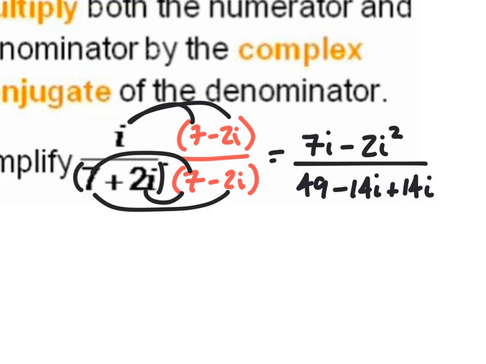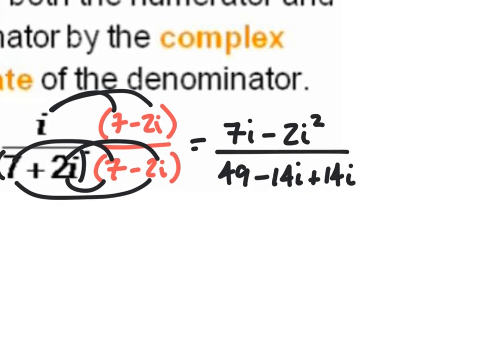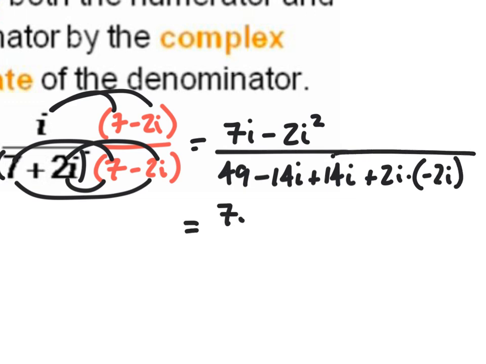And then 2i times negative 2i, let's do that here. I'm going to do plus 2i times negative 2i. And so if I simplify this up top, I get 7i minus 2 times i squared.